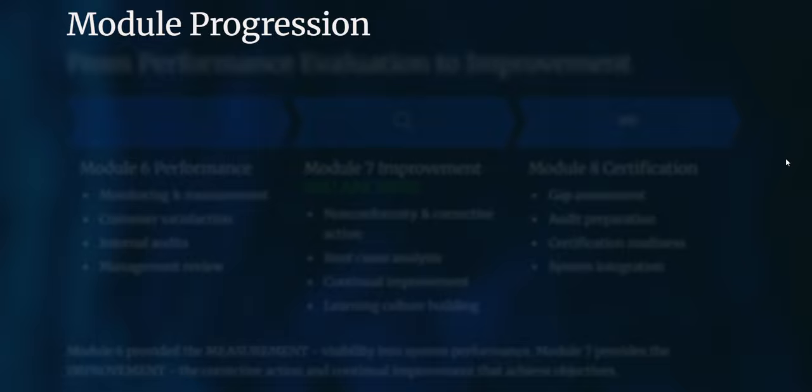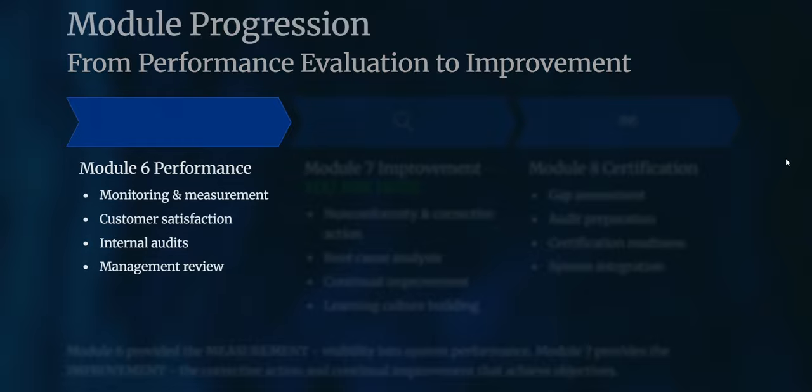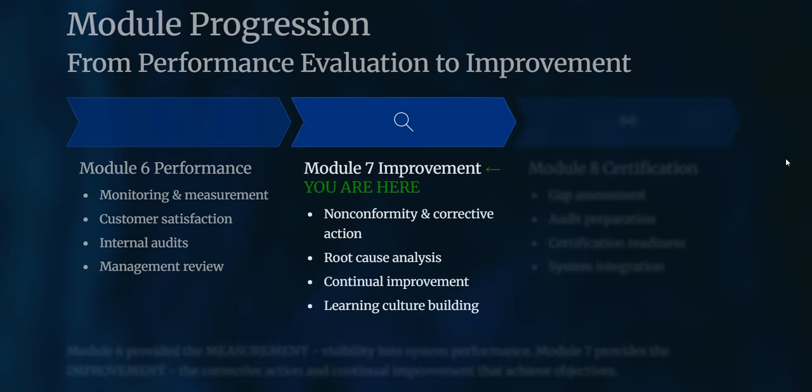Module progression. Let's look at how we progressed from performance evaluation to improvement. From Module 6, performance, we have covered monitoring and measurement, customer satisfaction, internal audit, and management reviews. Then today in Module 7, we will cover nonconformity and corrective actions, root cause analysis, continual improvement, and learning culture building.